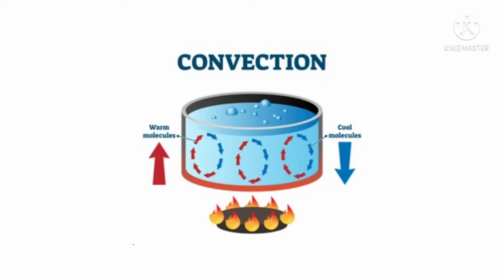What is convection? The movement of particles due to the temperature difference between different parts of the same substance is called convection. Rewind the video and note this line in your fair or rough notebook, because this is the definition of convection and it's the most important topic.